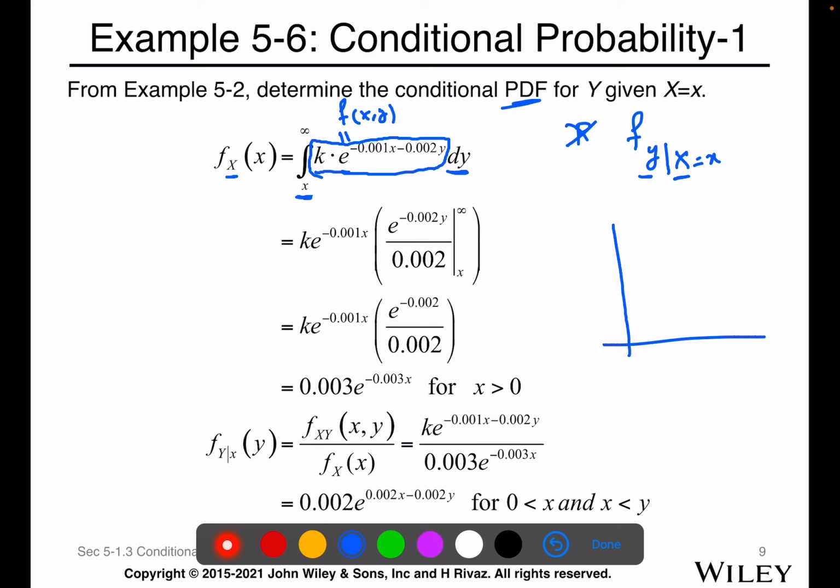This is very important: you have to properly set the bounds here. Remember the function was defined here, right? That means that when you integrate with respect to y, y varies from x to infinity, right? The bounds are always very important.